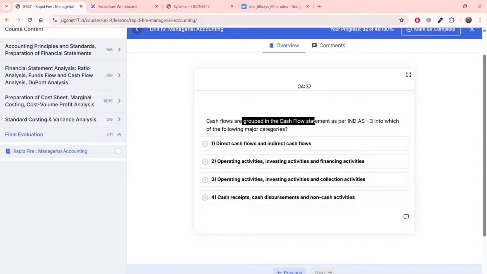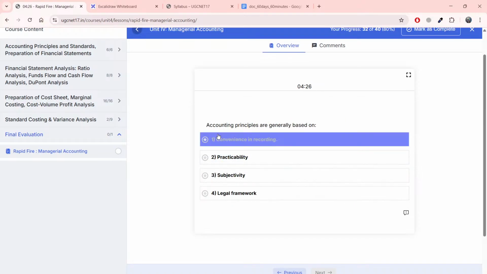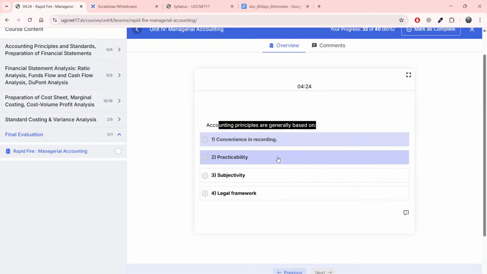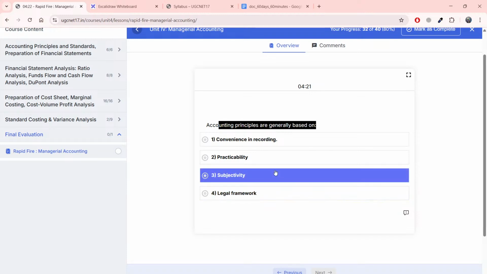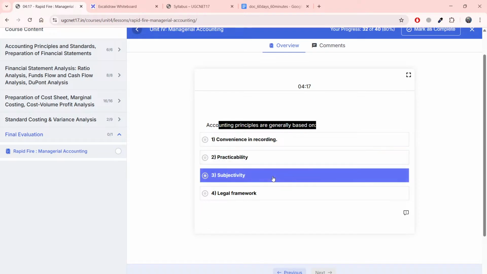Cash flows are grouped in the cash flow statement as per IND AS 7 into which of the following major categories? हमने तीन पढ़े थे, operating, investing and financing activities, if you remember. Accounting principles are generally based on convenience in recording, could be practicability, subjectivity.